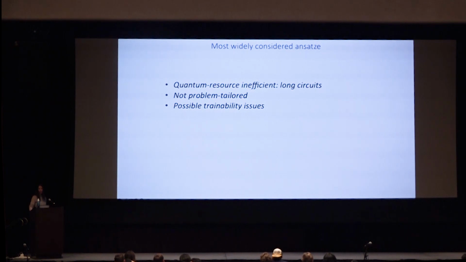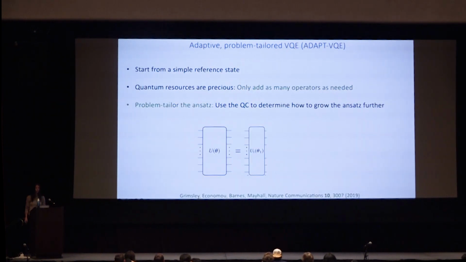So our main contribution in this early work was to put forward the idea that you can make your ansatz adaptive. In other words, you can create it dynamically as you're running the algorithm. So this is the main idea. I start from a simple reference state. It could be, in general, some product state. It doesn't have to be, but it makes our lives easier if it is. And then we're only adding a small number of operators, and we're adding them in an iterative way.